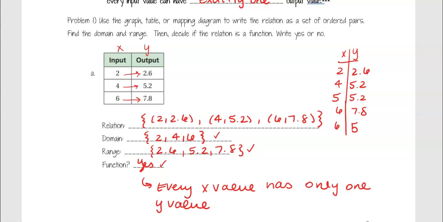The problem comes in right here. This x value goes to 2 different y values. That's our problem. This would not be a function. We're allowed for this to happen. This is okay. X values can go to the same y value, but the same x value cannot go to 2 different y values. It has to only go to 1.